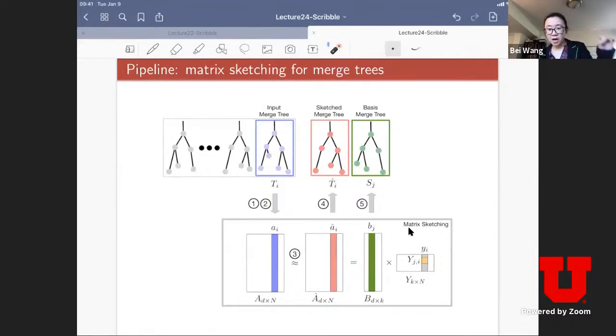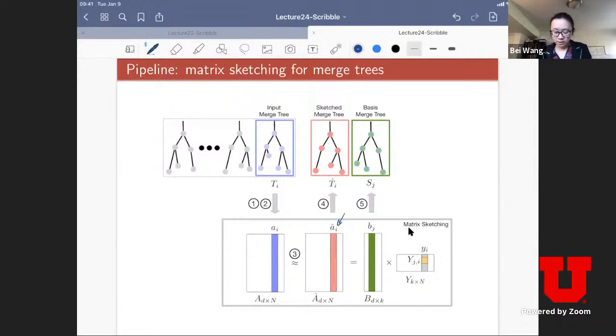And now I'm going to run the matrix sketching framework as before, as if I'm just doing column selection, for example. Once we have done that, I still need a step where, for each of the approximated trees, I convert it from a high dimensional vector back into a tree. That's what's called a sketched merge tree.